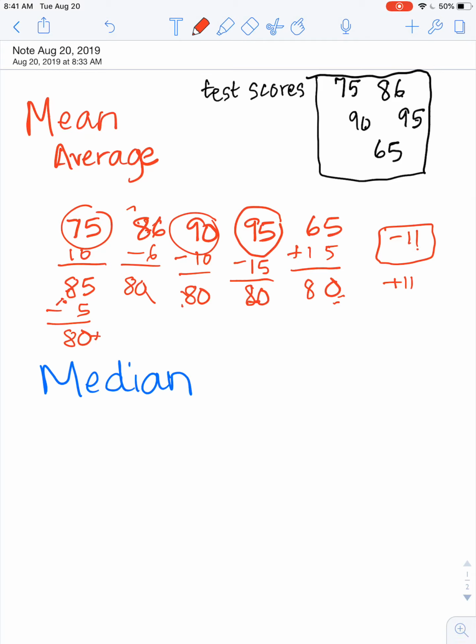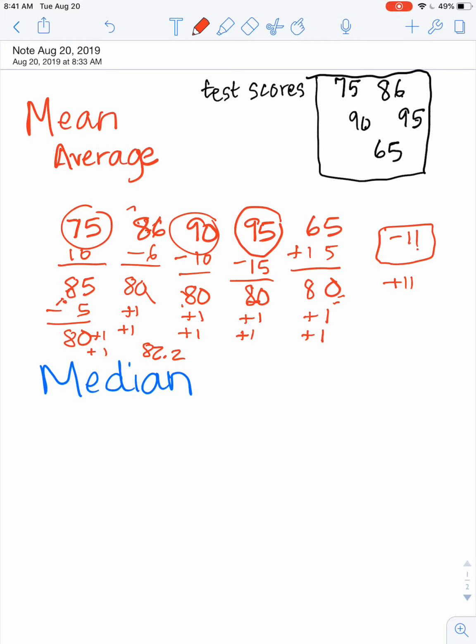Because if I add 1, 2, 3, 4, 5, 6, 7, 8, 9, 10, now I have one more to add to the rest of that, so I have to split it up. So it's going to be 2/10. So it looks like the average is going to be 82.2.